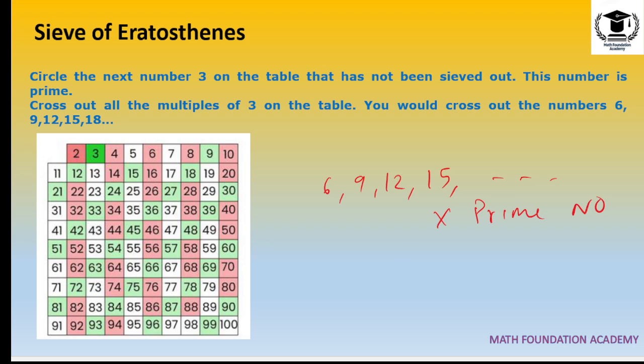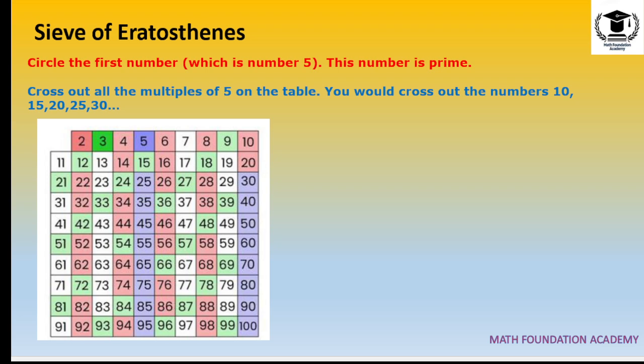Now the same exercise we'll repeat with 5. First we'll circle the number 5 on this table, and then we'll cross out all the multiples of 5. So here the multiples will be 10, 15, up to 100. These are again composite numbers. So far we have removed multiples of 2, 3 and 5.